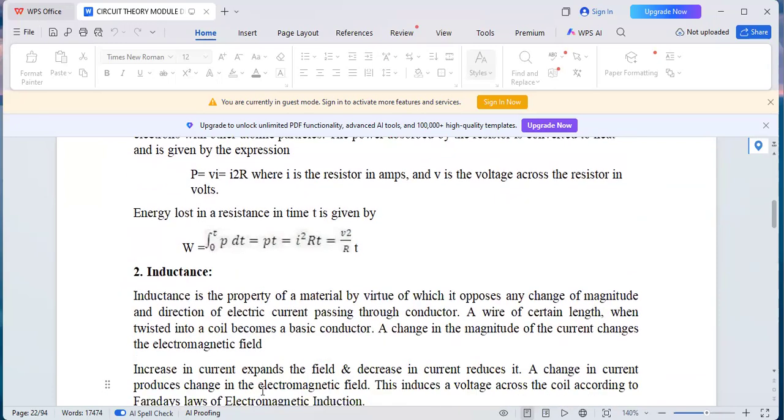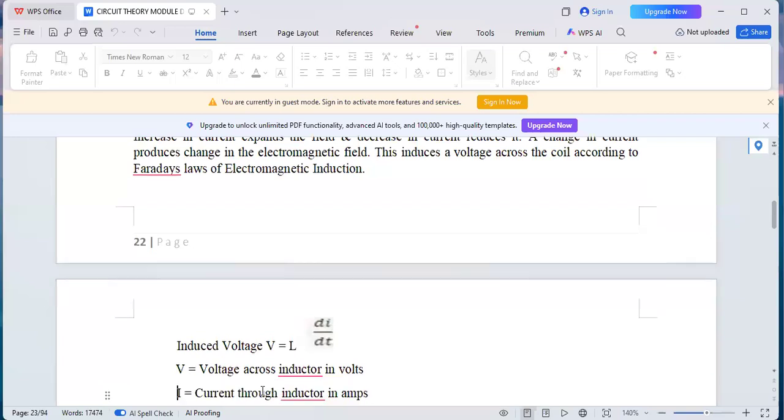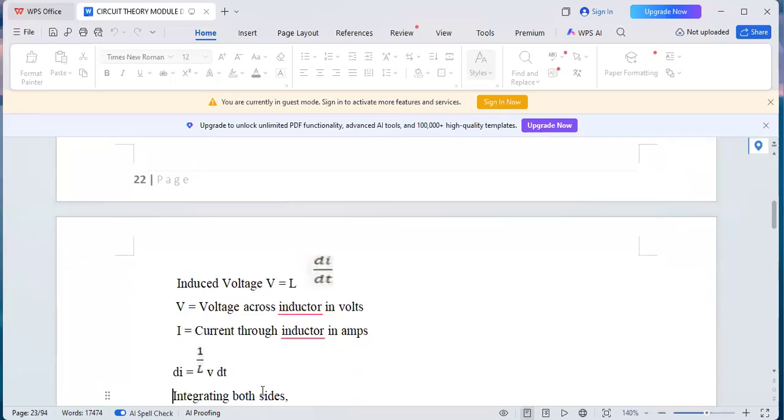Let's talk about inductance. The I equals 1 over L integral of V dt. You see that? 1 over L V dt.